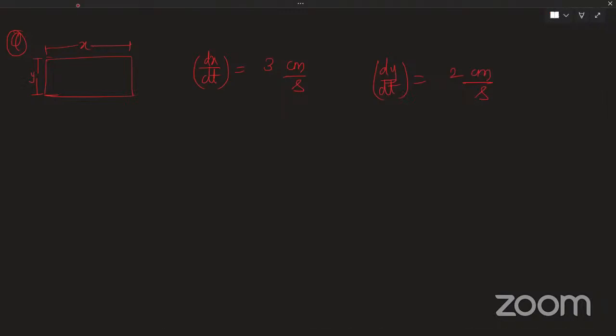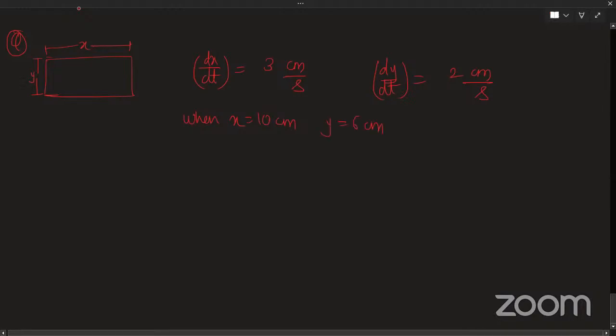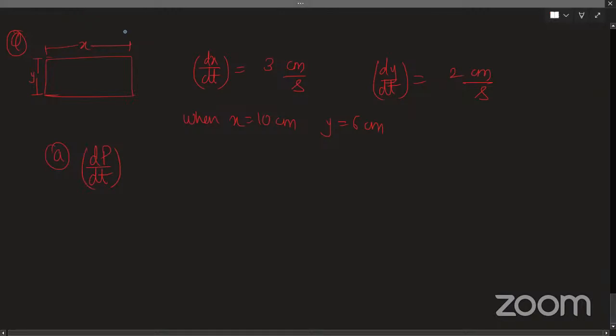So when x is 10 centimeter and y is 6 centimeter, it is asking you the rate of change of perimeter with respect to time.